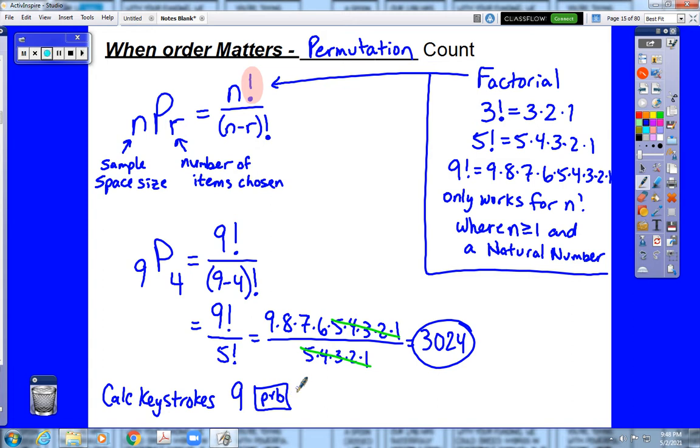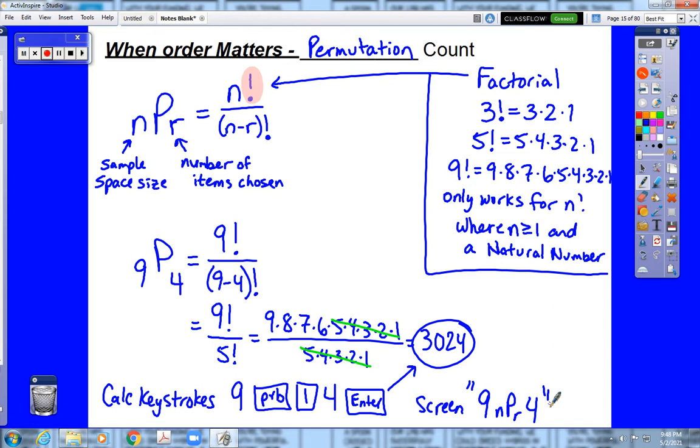We're only going to use that first option. So we're going to hit 1 to select nPr from the list. Then we're going to type in the second number, which is 4, and then hit enter. If you do this, you should get 3,024. Your screen should have 9 nPr 4 on it when you hit enter.